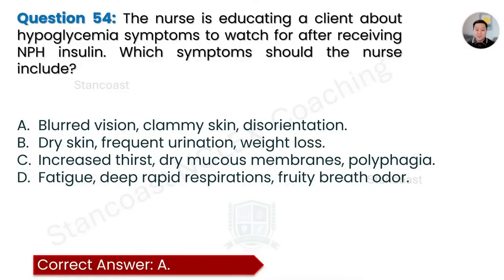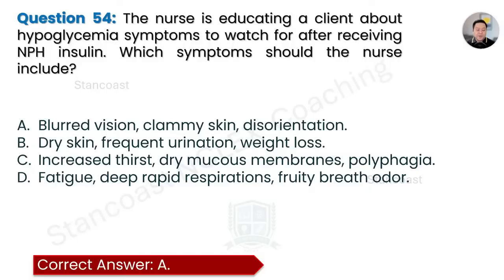The symptoms of hypoglycemia include clammy or sweaty skin, blurred vision, disorientation, possibly shakiness, and dizziness. These clinical findings result from the brain and the body's response to low blood sugar. So in this test item, you have to match the question's focus on hypoglycemia with the appropriate physiological symptoms. You have to eliminate choices associated with hyperglycemia or DKA.